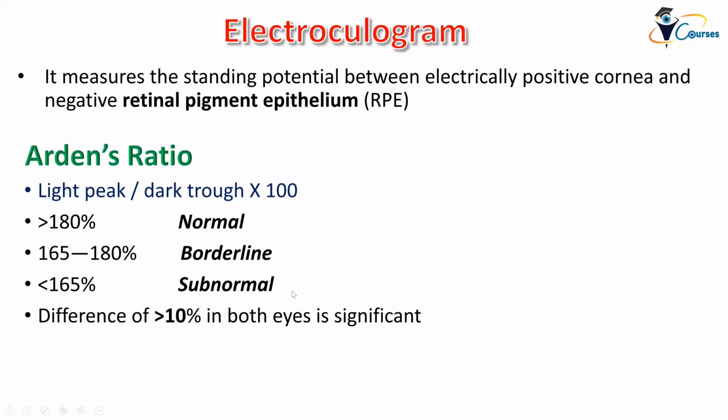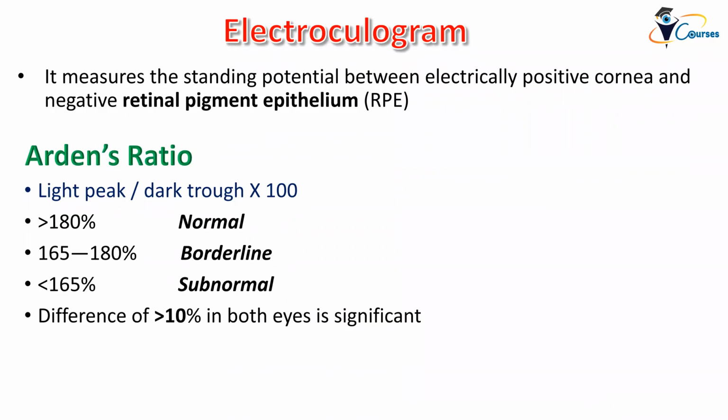Finally, there is another electrophysiological study called the electrooculogram. This test is used to measure the electrical potential, electrical activity between the cornea and the retinal pigment epithelium. It will give a ratio called the Arden's ratio.